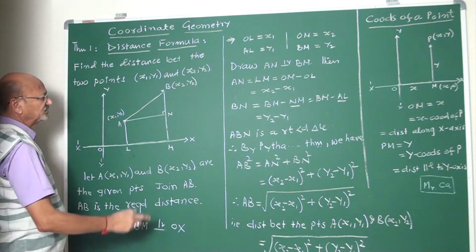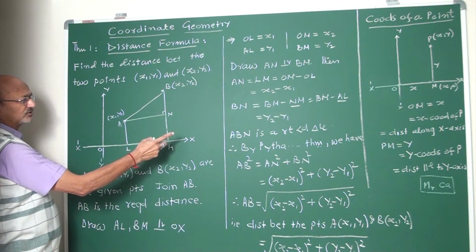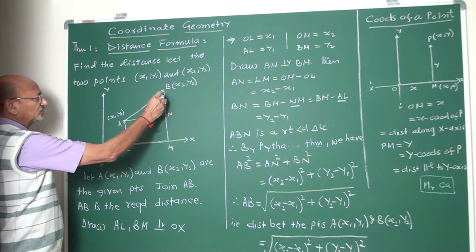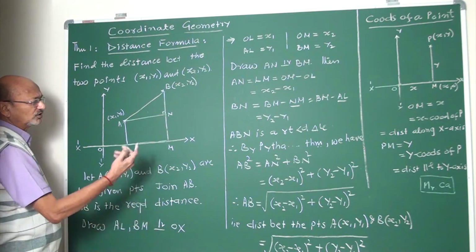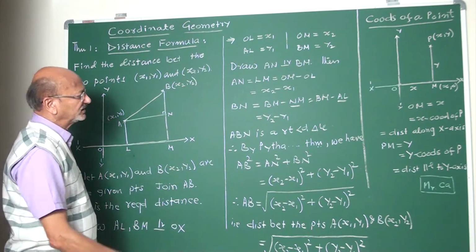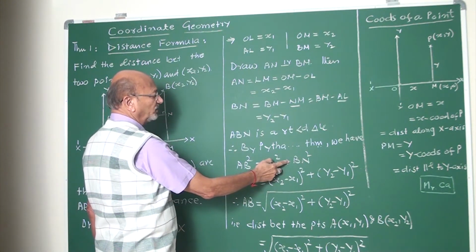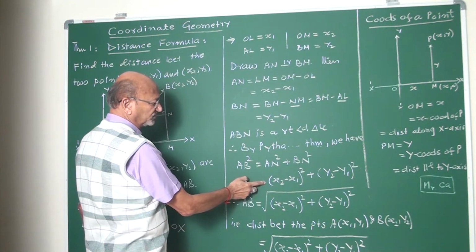What is next? ABN is a right angle triangle. Therefore, by the Pythagoras theorem, we have AB square equals AN square plus BN square. Put the values: AN is x2 minus x1 whole square plus BN is y2 minus y1 whole square. Therefore, AB is the square root of this RHS.